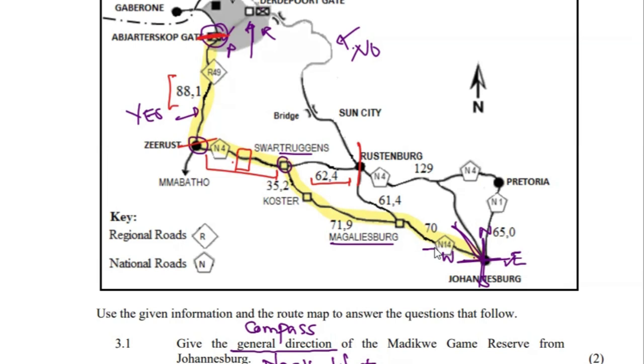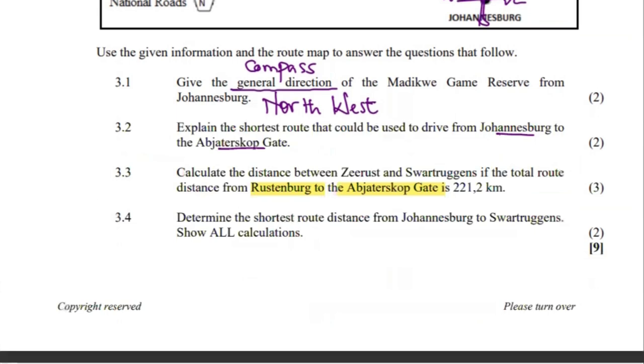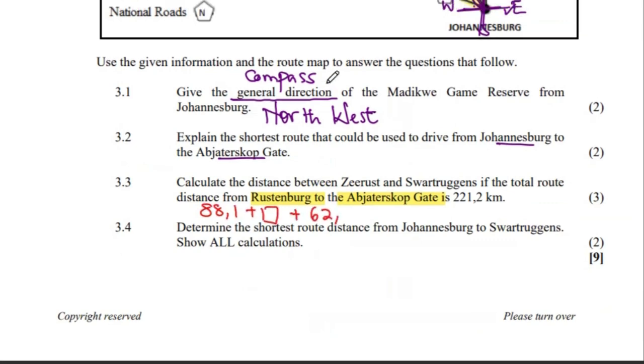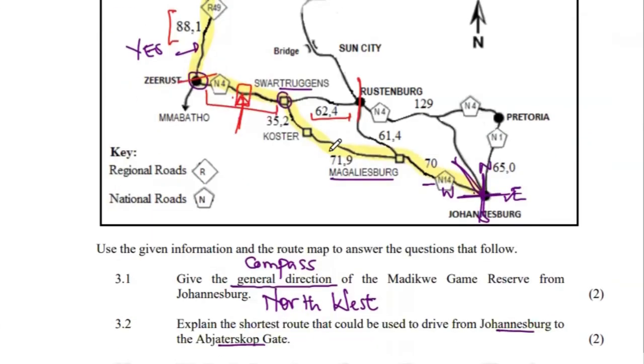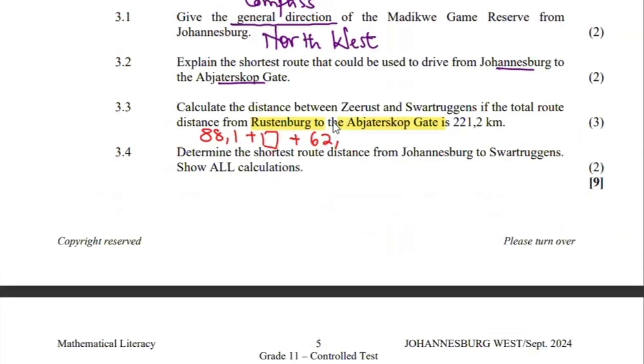So if we have the missing distance, they have told us the total distance, if you add all the distances, you should get 221. So we shall say 88,1 plus the missing distance plus the 62,4 should give me the total answer.